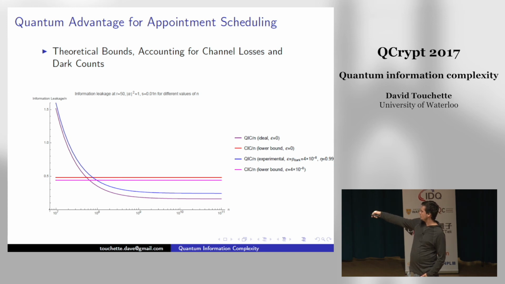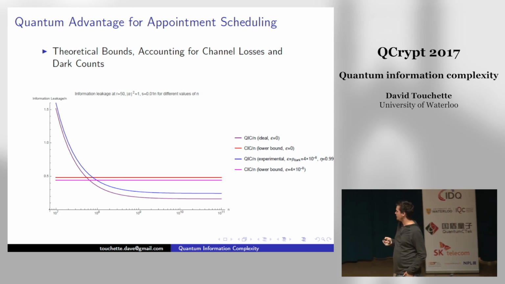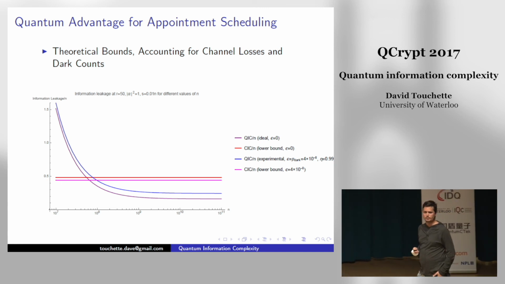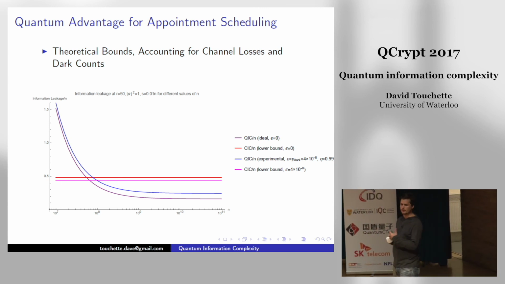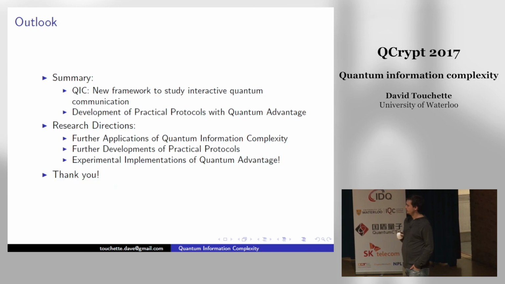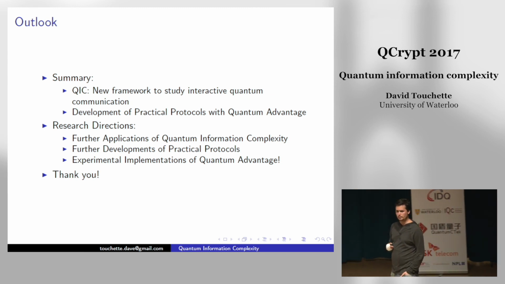Whereas it's known that in the classical setting, you cannot do better than this red bound. And even accounting for error in the protocol, classically you cannot do better than this pink bound. So we get close to a factor of 50% improvement by using all this classical processing together with this quantum subroutine. Let me conclude there.